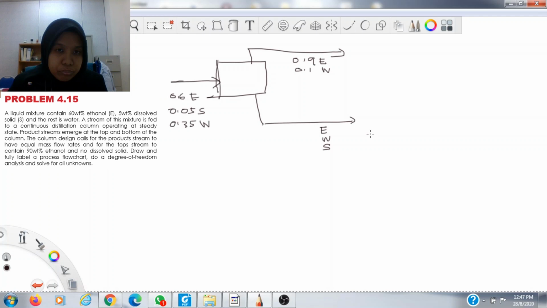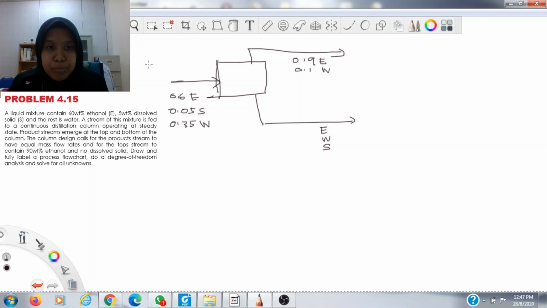Because there is no information regarding volume or mass inlet or outlet, we can assume a basis for the inlet. Let's say the basis for the inlet is 100 kg per second.